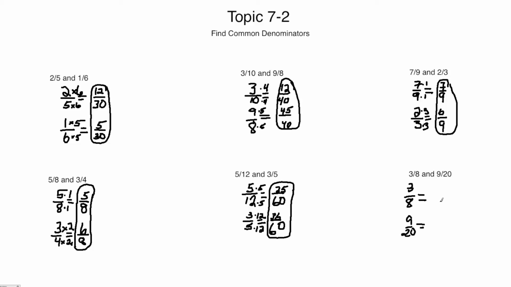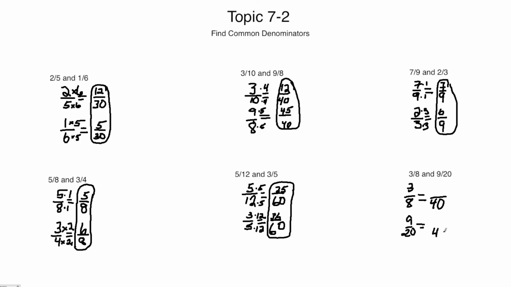Let's see if we can't find a smaller one before we use that. Well, we could start by using the multiples of 8, or we can use the multiples of 20, whichever one. 8 times 2 is 16, 3 is 24, 8 times 4 is 32, 8 times 5 is 40. Oh, 20 can go into 40, so that is going to be our common denominator.